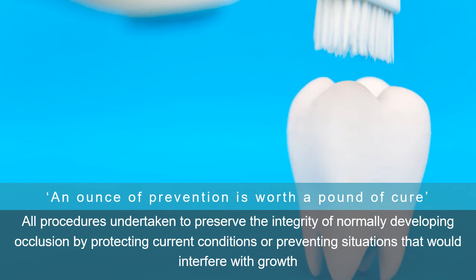In preventive orthodontics, we carry out all the procedures that preserve the normal occlusion. That means the case is diagnosed as normal occlusion with a normal path of growth, and we have to work in all procedures to preserve the normal occlusion.